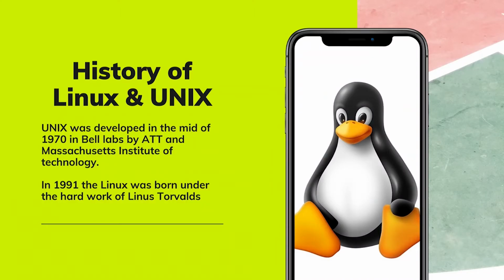Well, let's cover some history really quick. Unix was developed in the mid-1970s in Bell Labs by AT&T and the Massachusetts Institute of Technology. In 1991, Linux was born under the hard work of Linus Torvalds.